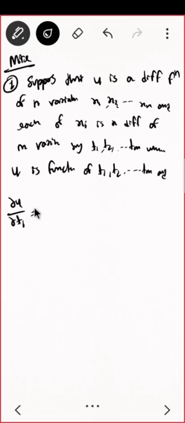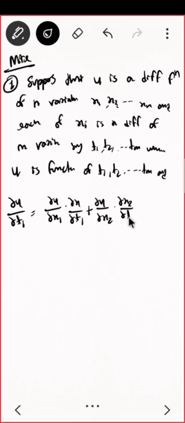See, u is a function of x1, x2, up to xn, so u depends on them also, no? So dou u by dou t1 is dou u by dou x1 into dou x1 by dou t1, plus dou u by dou x2 into dou x2 by dou t1, plus so on. The last one will be dou u by dou xn into dou xn by dou t1. Similarly, you have to do it for each one.